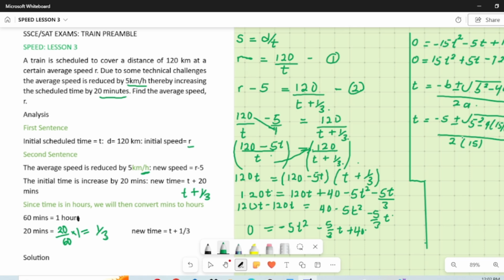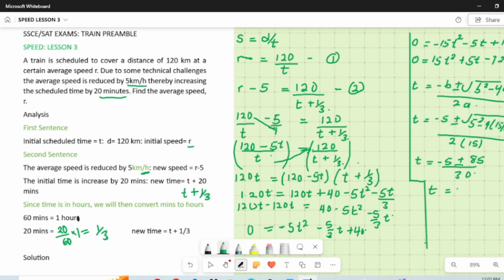If you do this on the calculator, you're going to get 85 under the root sign. So minus 5 plus or minus 85 divided by 30. And you realize that we are talking about time, so time should never be a negative figure.